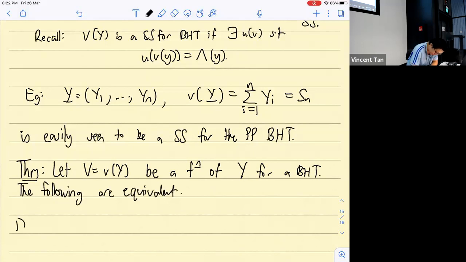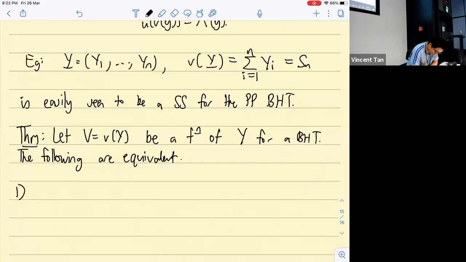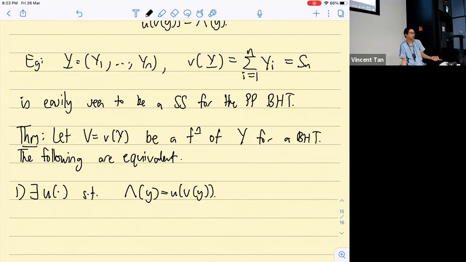Okay, so number one. This is the standard definition, right? There exists a function u such that we can recover the likelihood ratio from V. Okay, so this is the definition. There's nothing serious. I already recalled the definition for you.